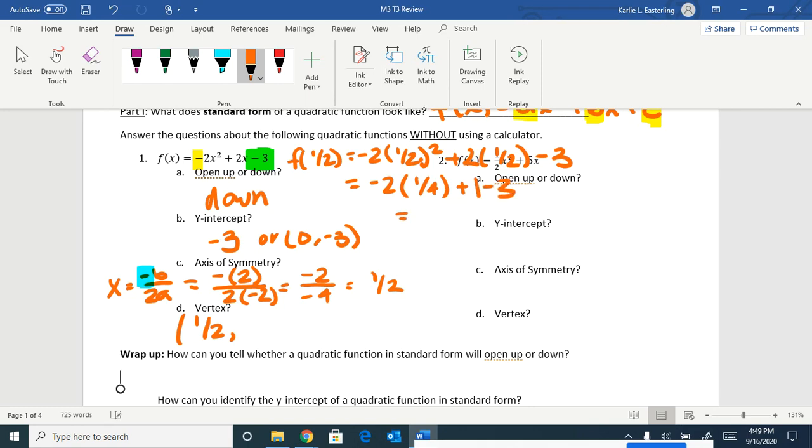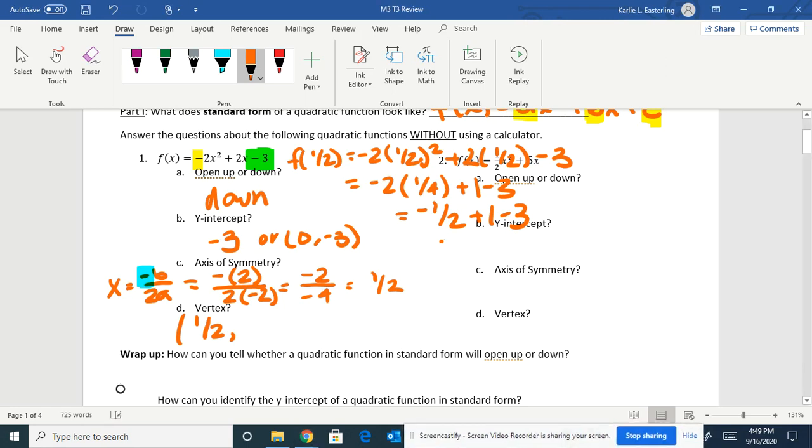Negative 2 times 1/4 will give us negative 1/2, plus 1 minus 3. And negative 1/2 plus 1 minus 3 will end up giving you negative 2.5, which can also be written as negative 5 halves.